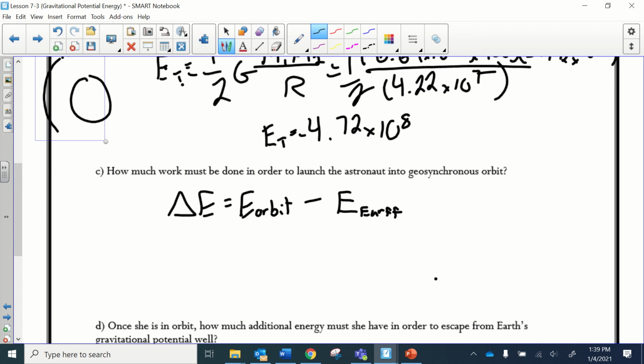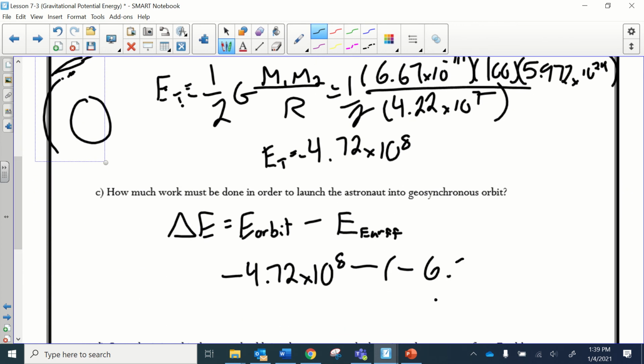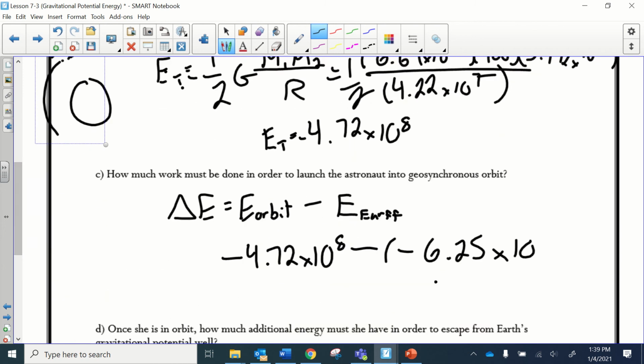She's in orbit right now and she starts off at Earth. So the energy of her in orbit is negative 4.72 times 10 to the 8, and we subtract the energy while she's on Earth, which is negative 6.25 times 10 to the 9 joules.